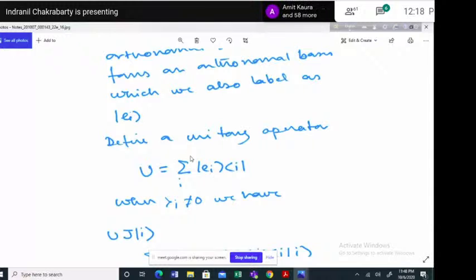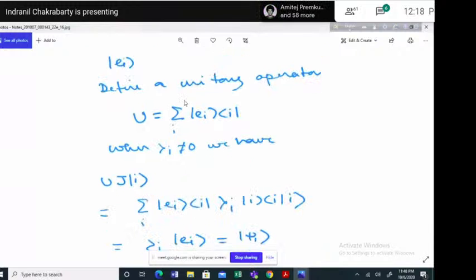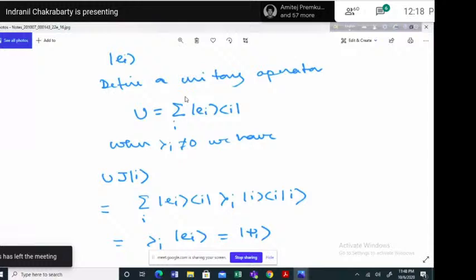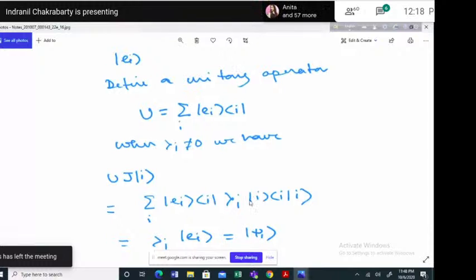Now when U and J are together applied on |i>, what will you get? J can be represented as the sum of lambda_i outer product |i><i|, applied on |i>.